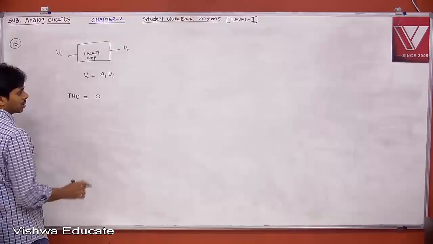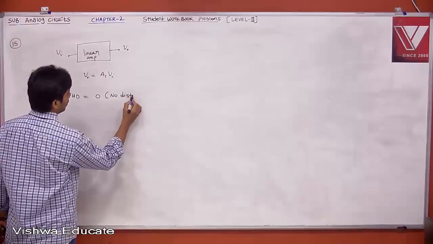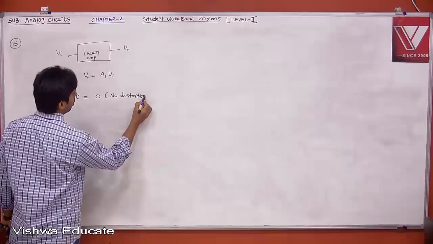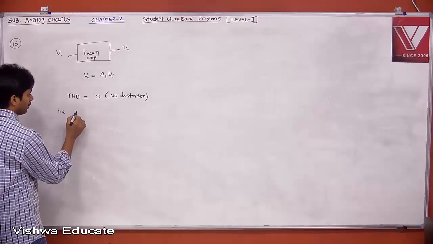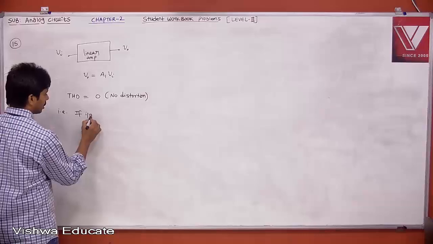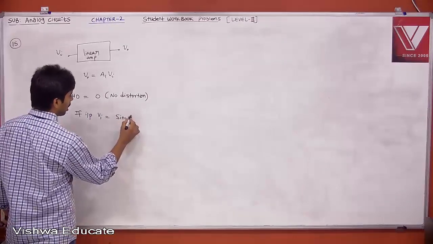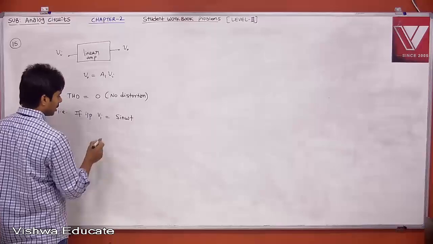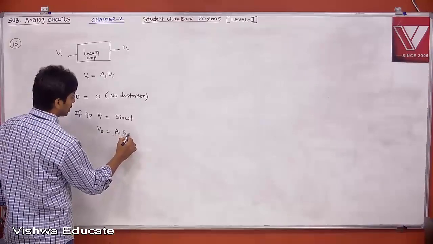There is no harmonic distortion, therefore no distortion, because there is no second harmonic. What does it mean? That means if input Vi is sin omega t or cos omega t, then V0 is A1 into sin omega t. That's it.